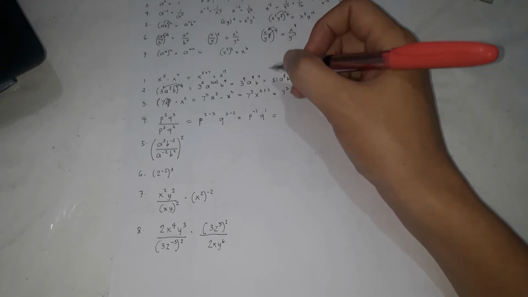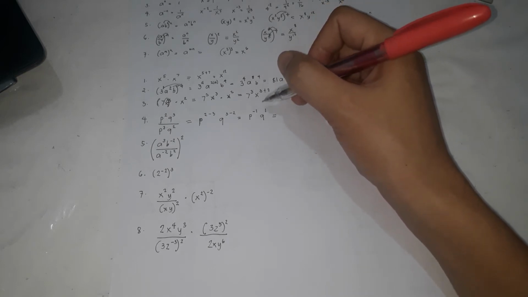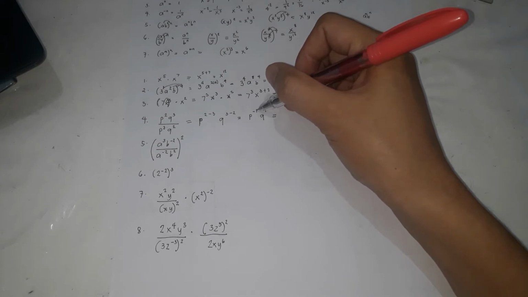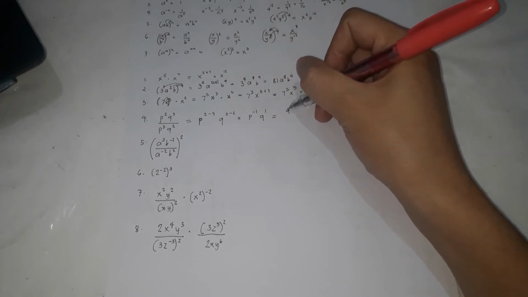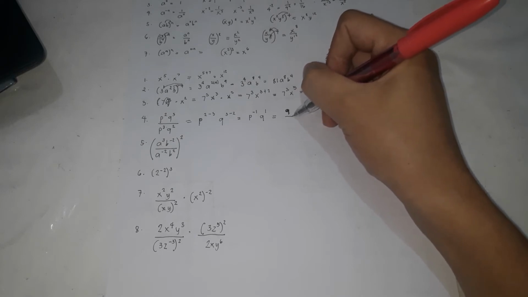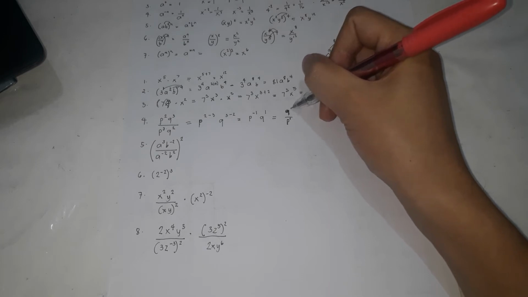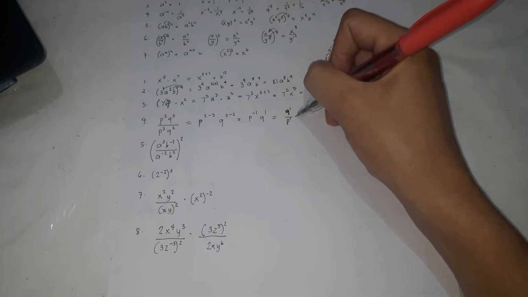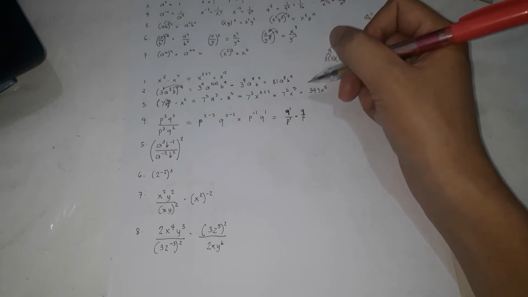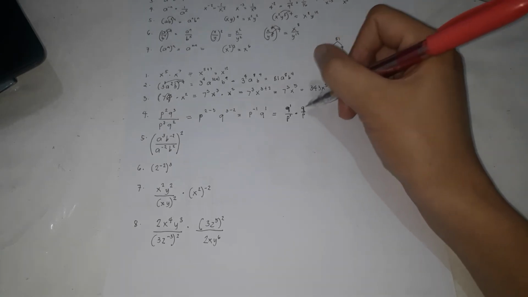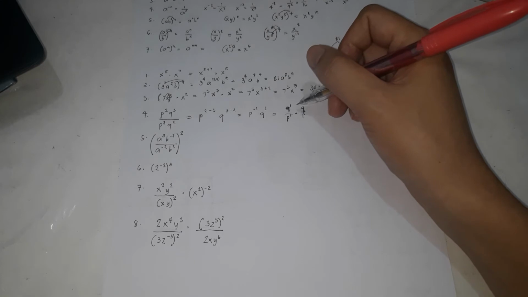Next. As I have said, kailangan na walang negative na exponent. So, what you're going to do, dahil negative siya, ilagay mo siya sa baba. So, Q, dahil positive na yan siya, so sa taas lang siya, over P to the negative 1, magiging positive 1, Q to the 1. Or in short, Q over P. Pwede mo nang hindi lagyan ng exponent. Kasi ibig sabihin kung walang exponent, the exponent is 1.